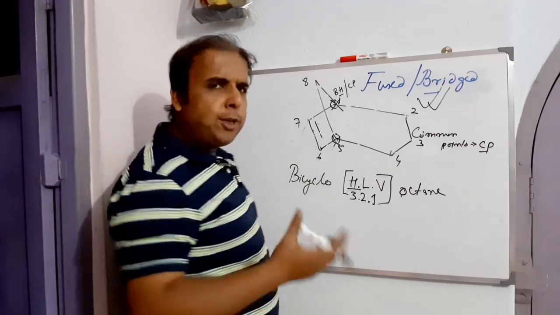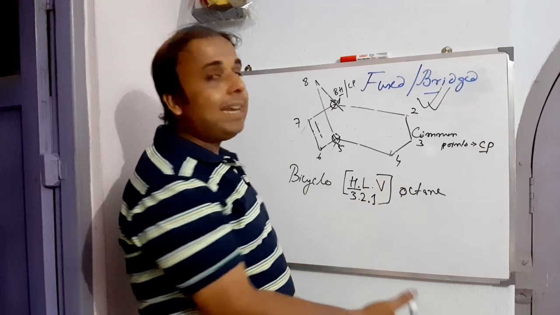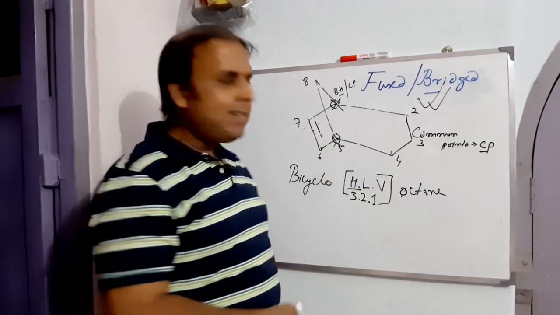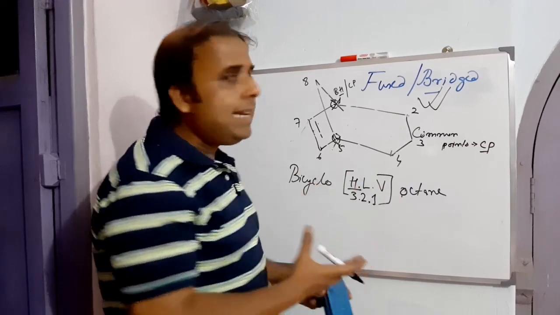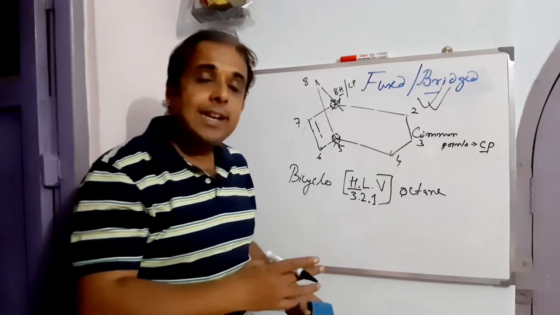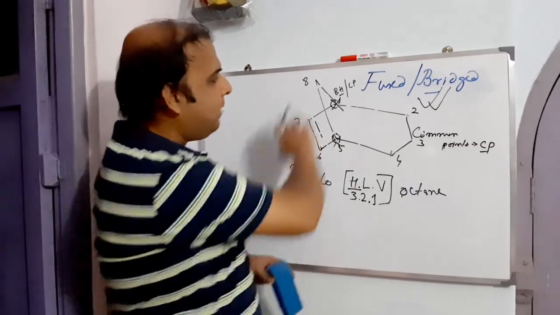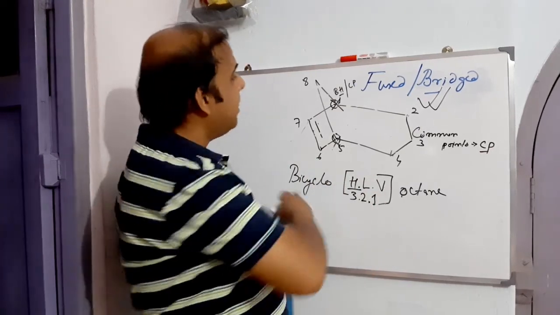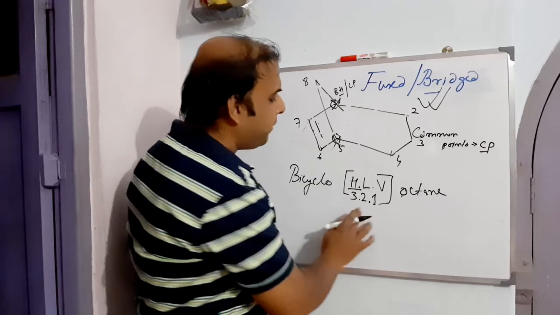As usual, the same rules which we follow in the naming of aliphatic systems are also applied here, because it is basically an example of an alicyclic system, that means an aliphatic compound in a cyclic form. Though it is not a monocyclic compound, it's a bicyclic compound. That is why there is a difference in the naming.